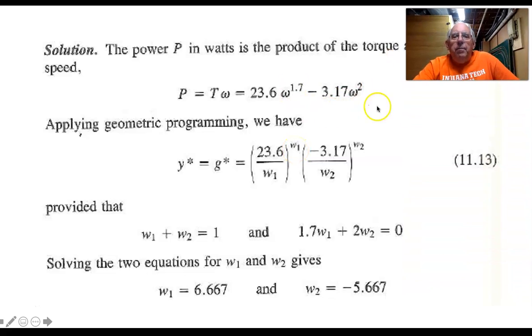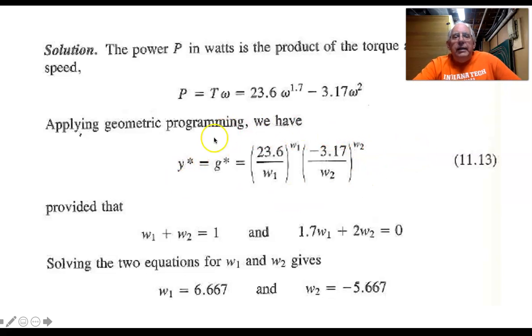And the second part then gives us the constant here in the negative. This is the C2. It just happens to be negative because of the influence of that term, divided by w2 raised to the w2 power.